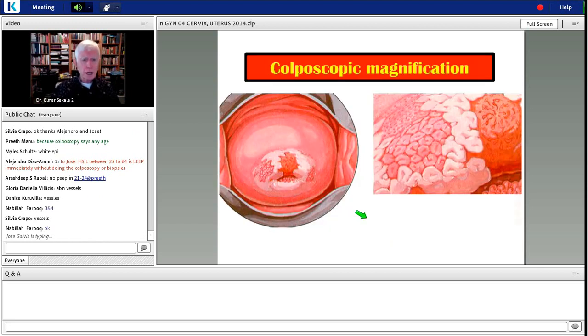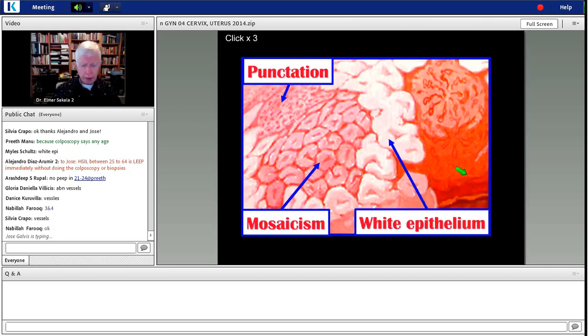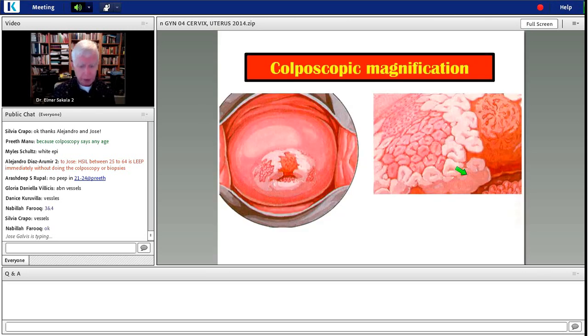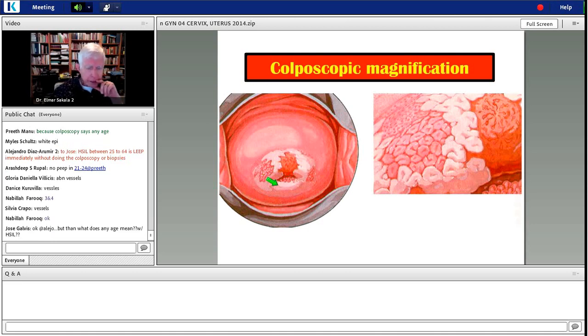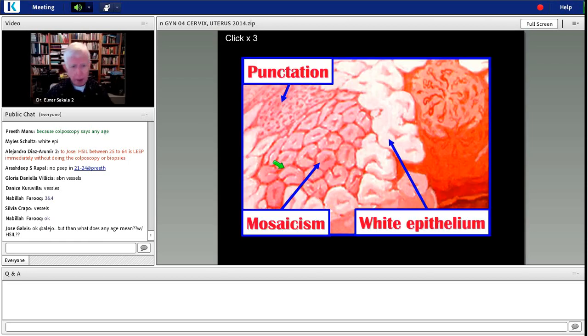All right, this is an artist's conception of what you would see under colposcopic magnification. Actually, let me show you this one here. It is exactly the same as this one. But let me just point out to you that this is a new squamocolumnar junction. The old squamocolumnar junction was undoubtedly out here. And you can see that this is developing in the T-zone. Okay, so what do we have here?